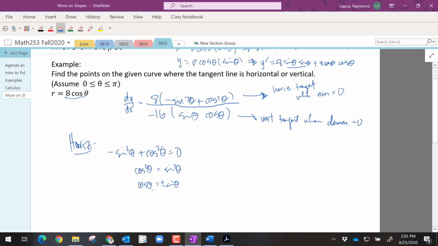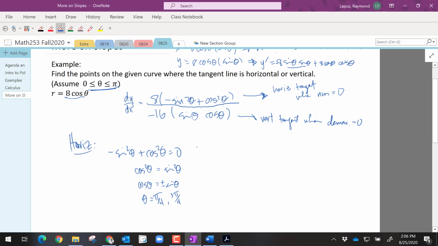And the sine and cosine are equal to each other at pi over 4, and possibly 3 pi over 4 also. So at those two places, pi over 4 and 3 pi over 4, we're going to have horizontal tangents, and we only need to go from 0 to pi. So I think those are our solutions.